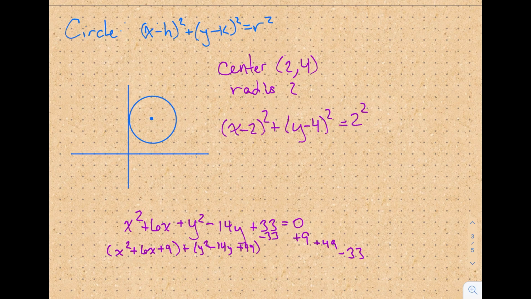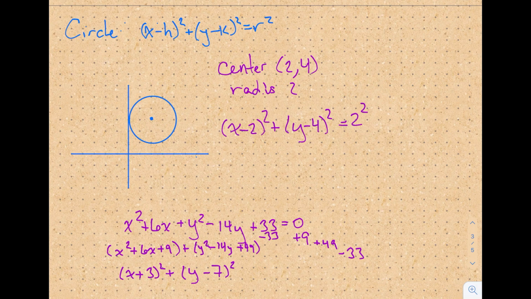So all told, on the left-hand side, x squared plus 6x plus 9 turns into (x plus 3) squared. And y squared minus 14y plus 49 turns into (y minus 7) squared. And 9 plus 49 is 58. 58 minus 33 is 25.